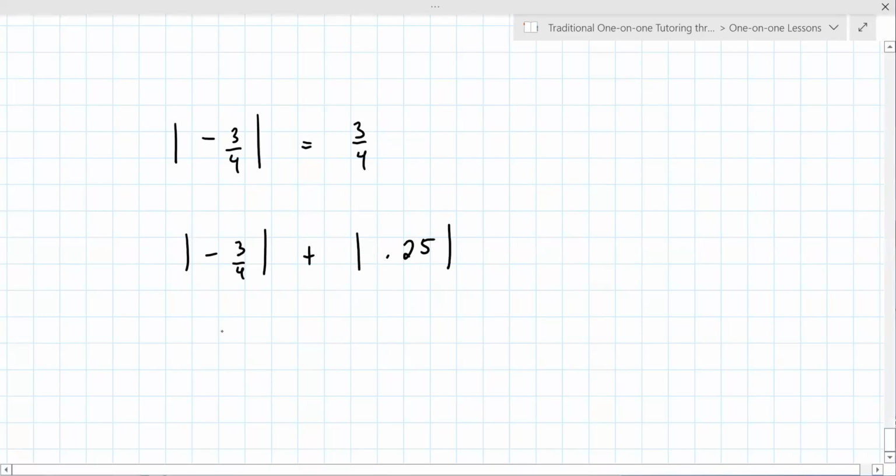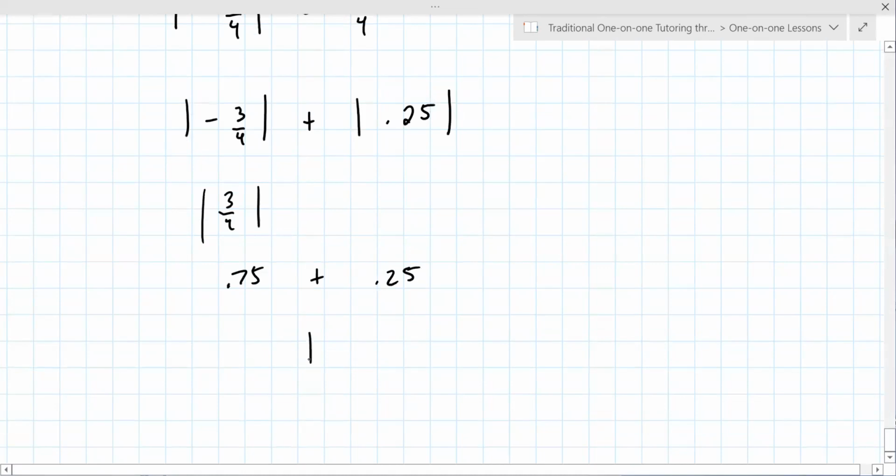So what is 3/4 as a decimal? Well, we did some conversions. Do you remember what 3/4 is as a decimal? It's 0.75. Yes. Very good.